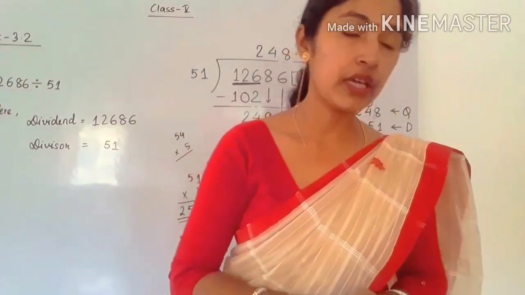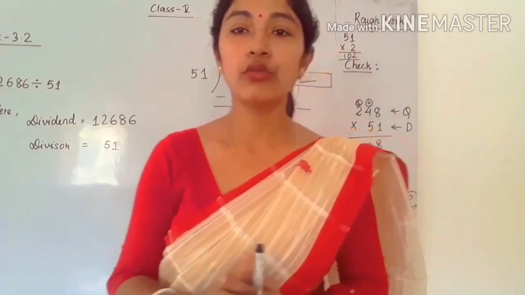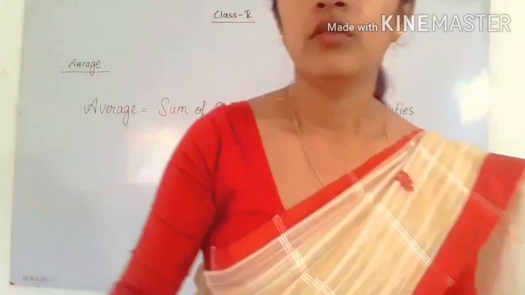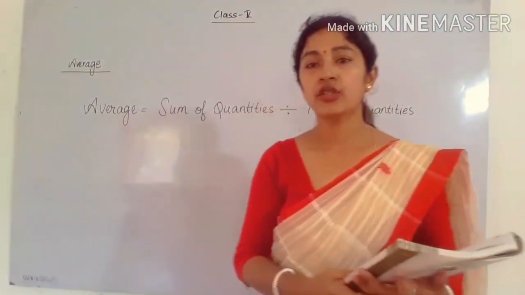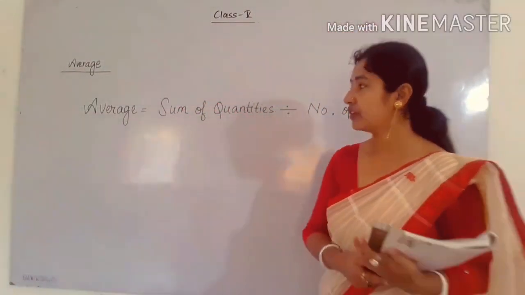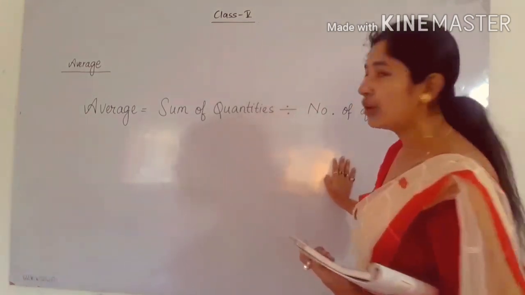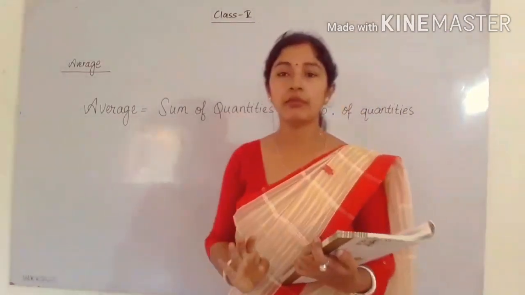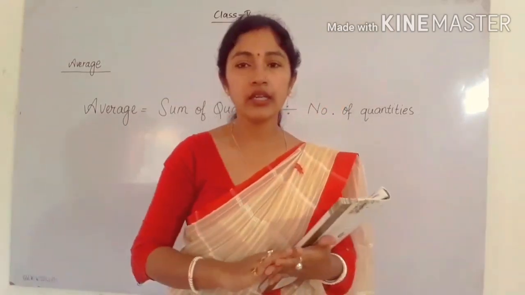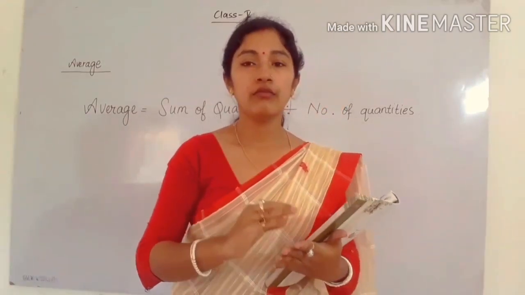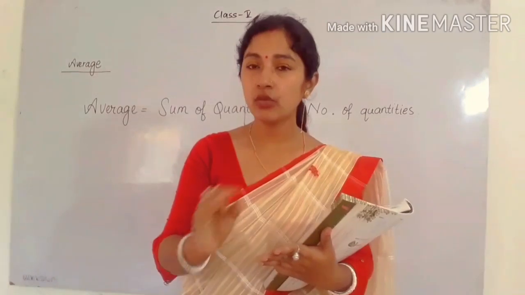Our next topic is average. So what is the formula for average? The sum of quantities divided by the number of quantities. That means if 3 quantities are given, you have to add the 3 quantities.